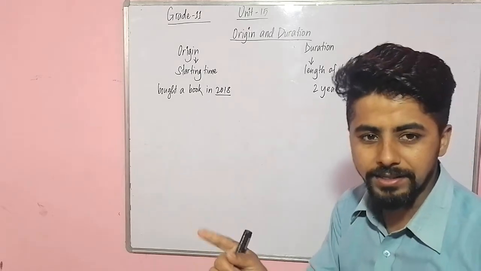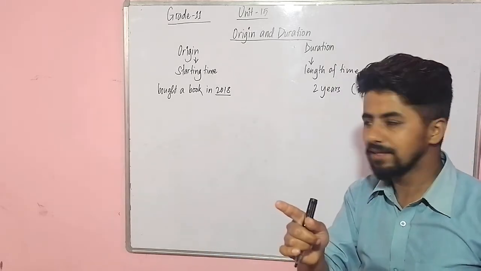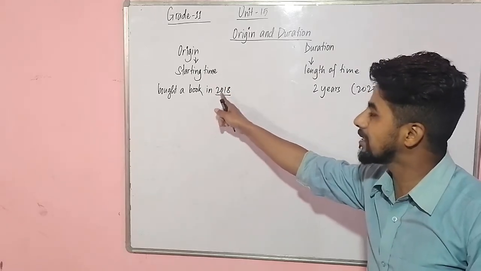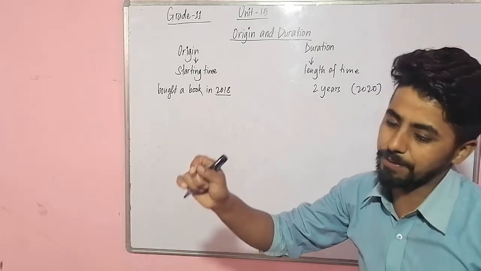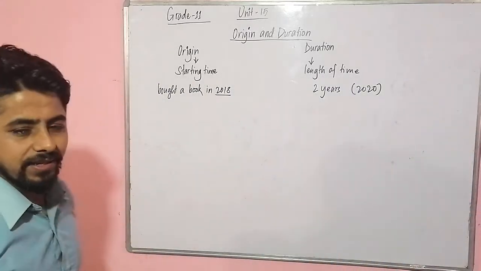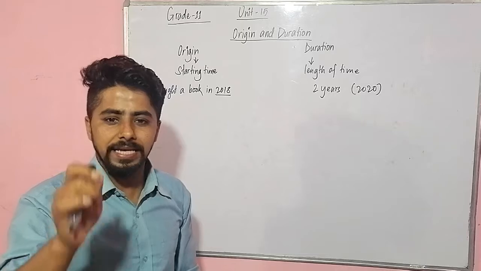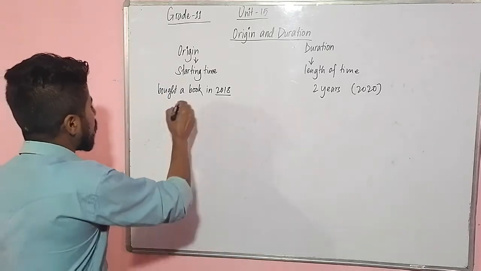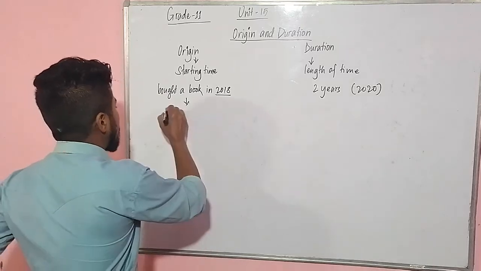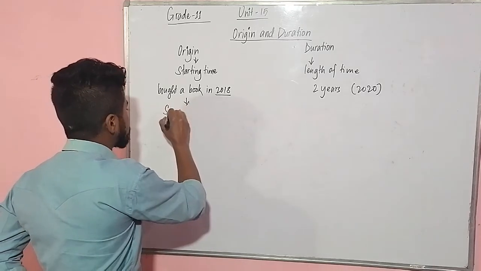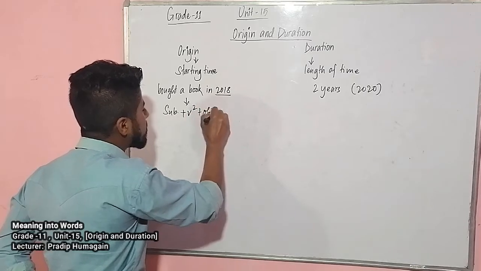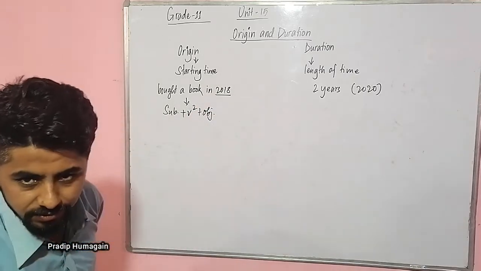Is it clear? Duration is length of time, whereas origin means the starting time of any event, anything. Okay? In grammatical structure, in tense, normally origin has the simple past structure. For example, subject plus V2 plus object. It will be the structure for origin.